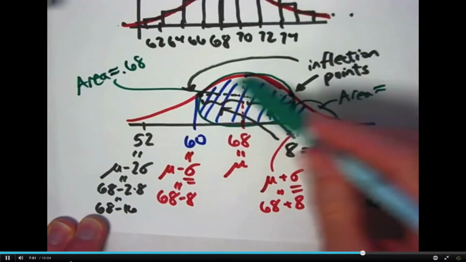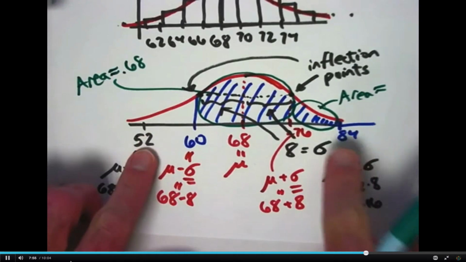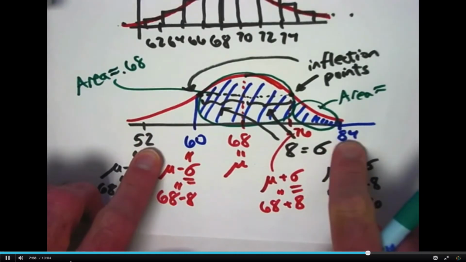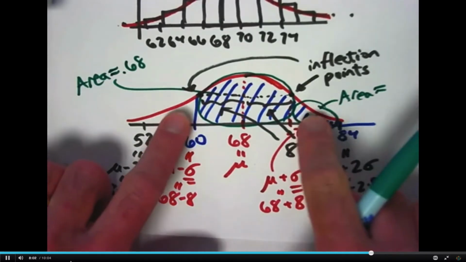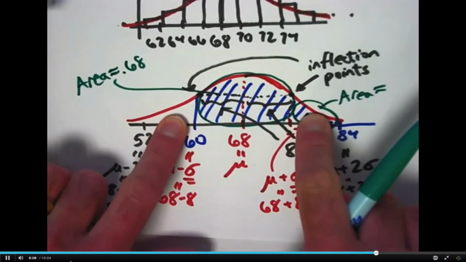If this area is 0.68, listen carefully, think, and the area under the curve between 52 and 84 is 0.95, that means the area for these two pieces put together, think, has got to be 0.95 minus 0.68.